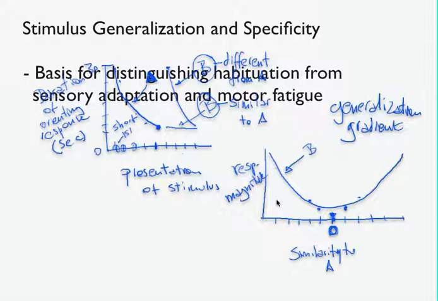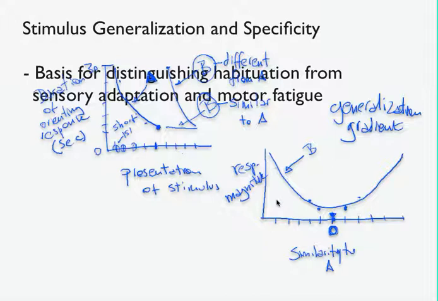So the reason why sensory adaptation is not habituation is because it is not stimulus specific. Any stimulus in the same sensory modality would not be responded to if you have undergone sensory adaptation.